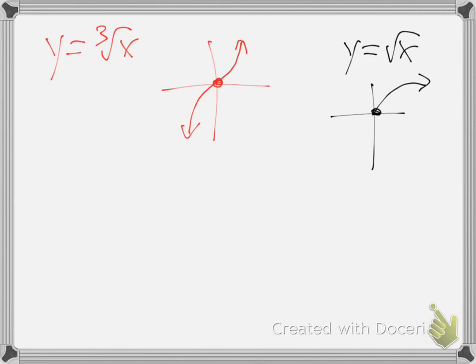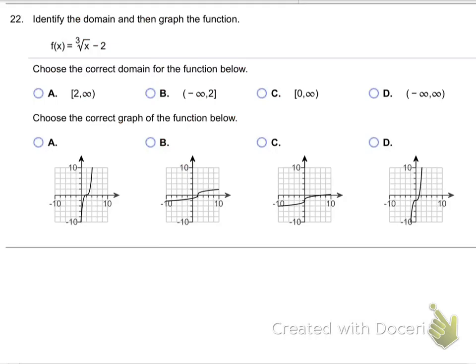So therefore now, on this question, number 22, they're doing cube root of x minus 2. So once you know the basic graph, what's that minus 2 going to do? So we know the cube root of x is basically going to be some kind of a snake. You can see all the answers are snakes. What's that minus 2 going to do? What is that in x's world?